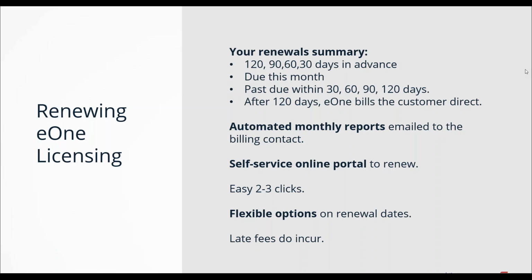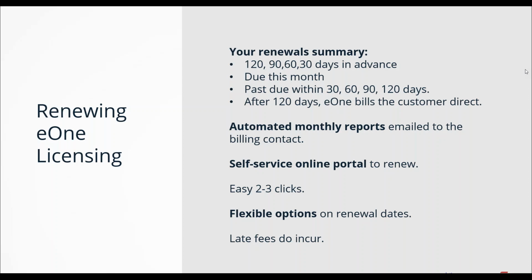After 120 days, if a partner has not communicated with our team about the status of that renewal or has not let us know any changes for that, then the billing for that renewal starts being sent to the customer.